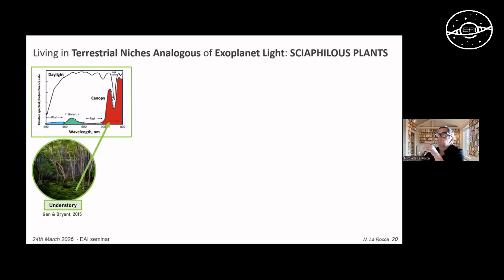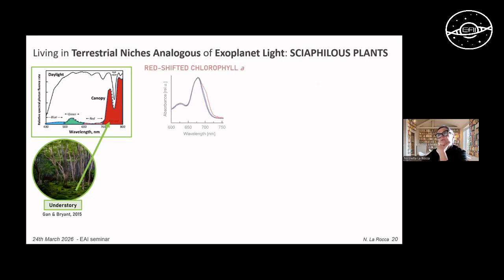And then we have sciophyte plants, plants that live in the understory and are adapted to very low light, with a very low level of photons in the visible and a little infrared.